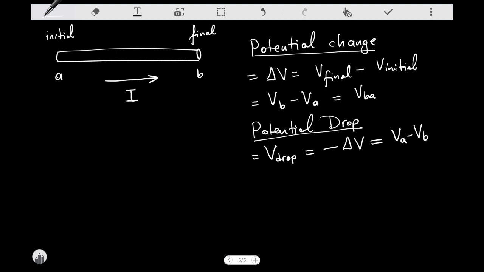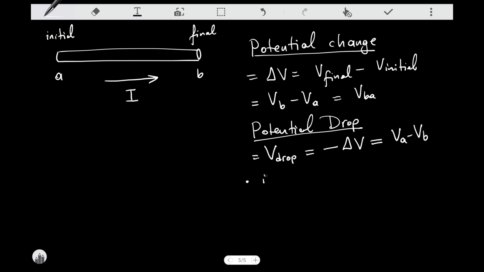Why do we define it like that, and why do we call it a drop? The main convention here is that when you move from A to B, from initial point to the final point, if the potential really drops, then this quantity, potential drop, has to be positive.